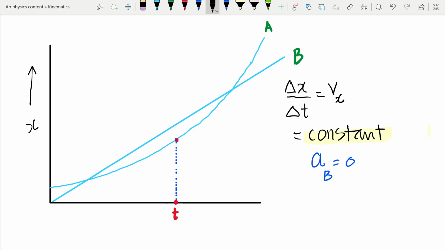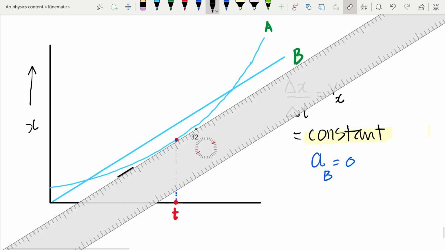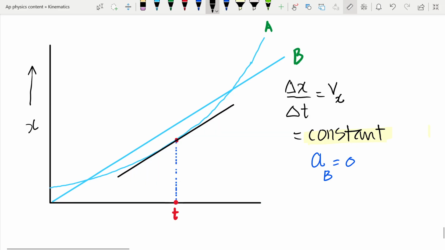Because if I draw the tangent at this point, you can see this tangent line is parallel to the graph for bicycle B, which means that both slopes will be equal, because we know that the slopes of two parallel lines are equal. So the velocity of bicycle B is equal to the velocity of A at the time t.